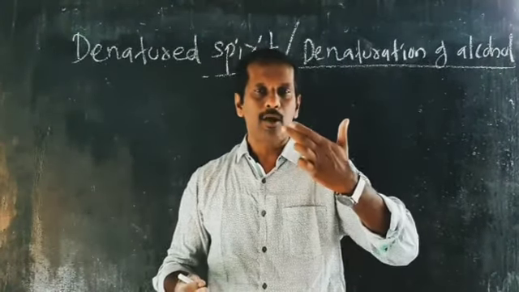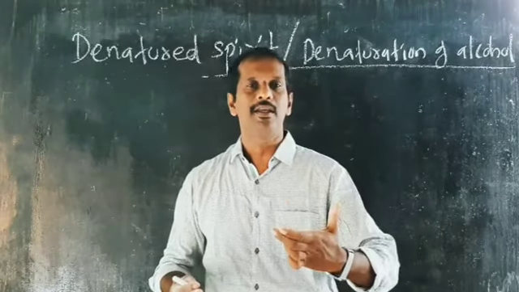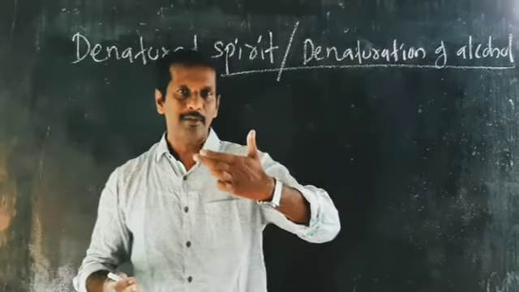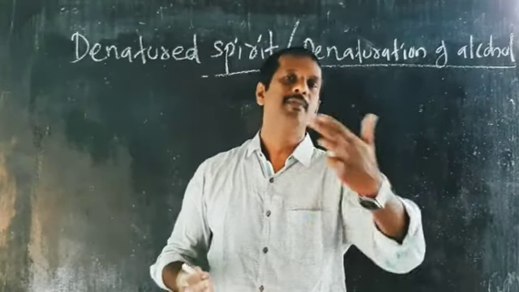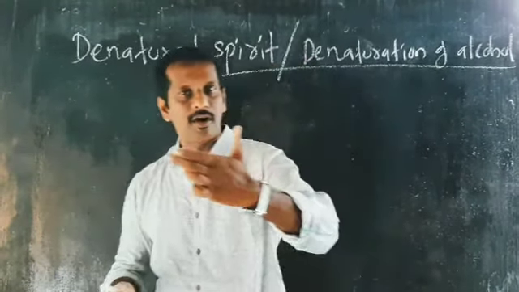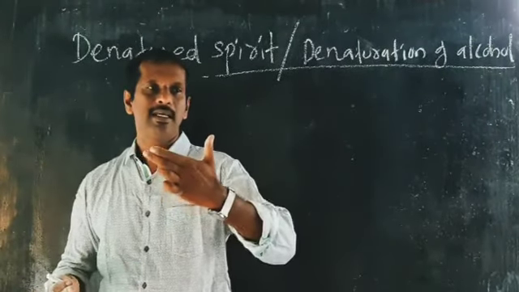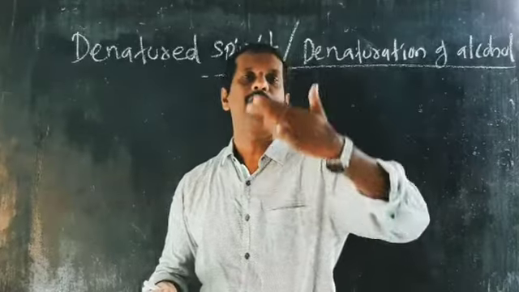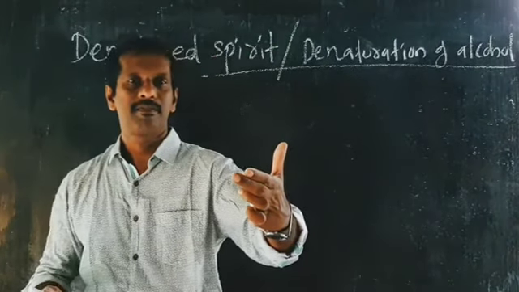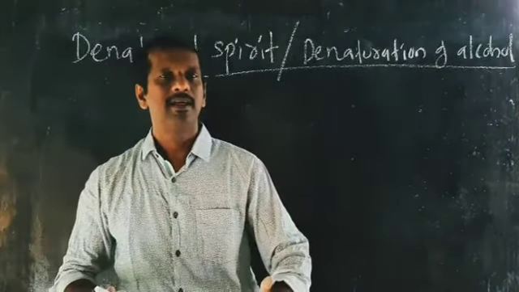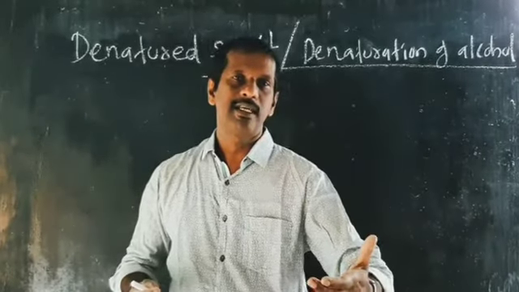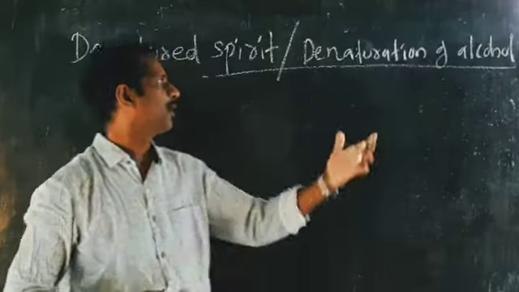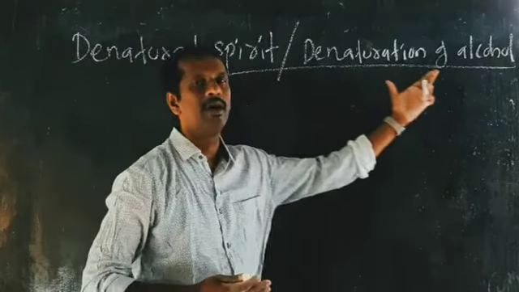So in order to prevent the consumption of ethanol meant for industrial purpose as a beverage, the ethanol is made unfit for drinking by adding certain substances. That is what is called denaturation of alcohol.